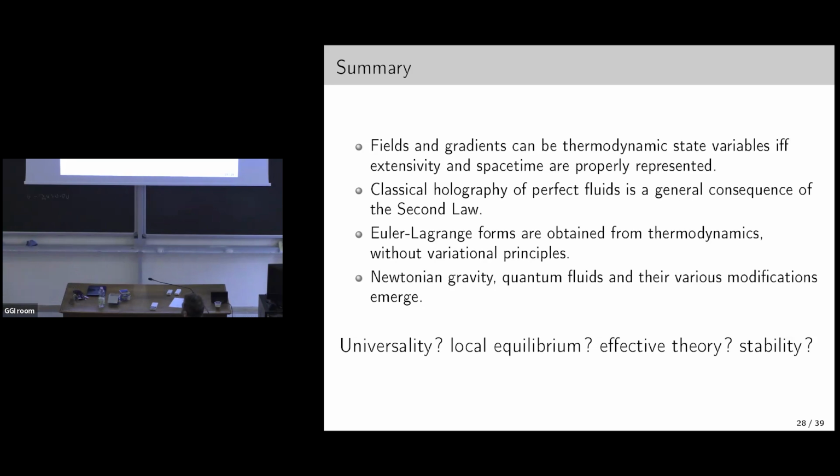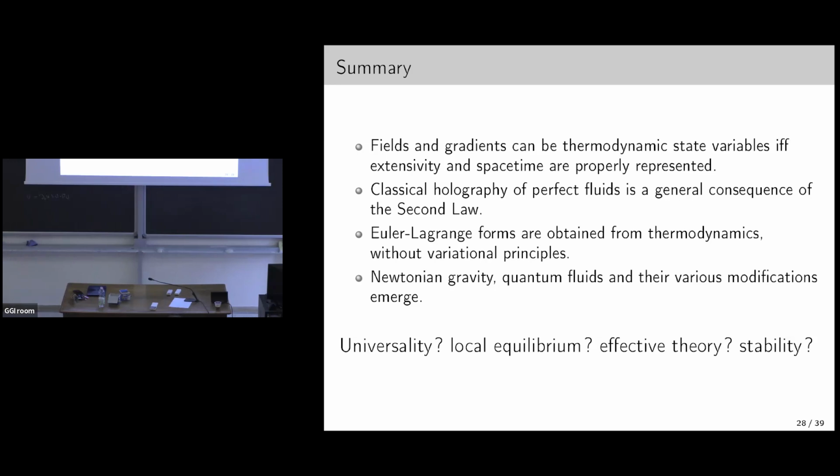So then, at the end, a summary. Fields can be thermodynamic state variables, and the gradient of fields as well. And the gradients of previous thermodynamic extensive quantities can also be included in the classical or more or less classical schemes if extensivity in space-time is properly represented.